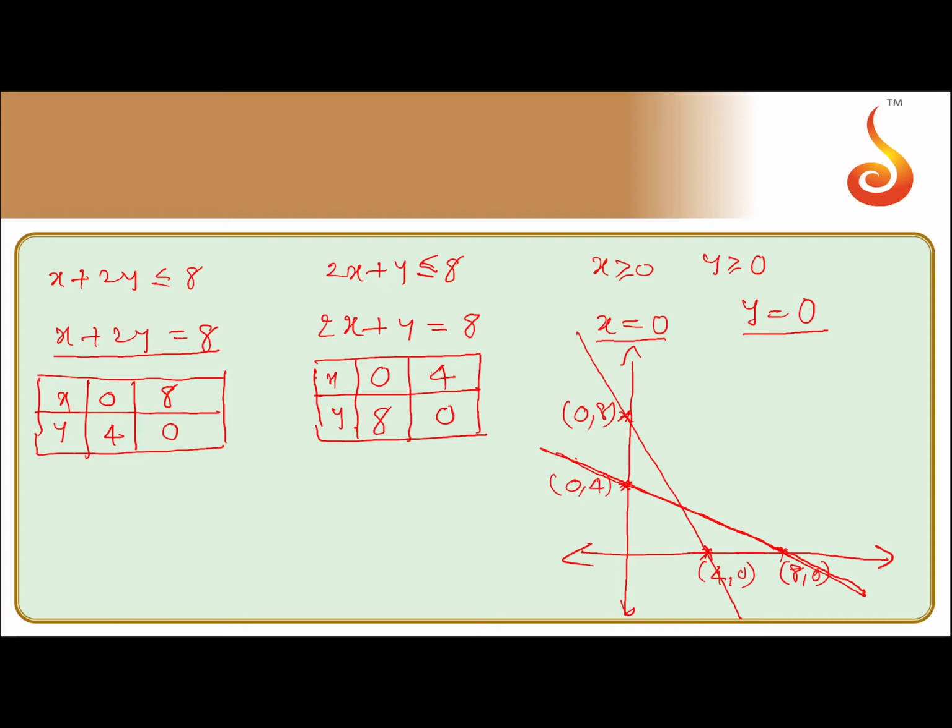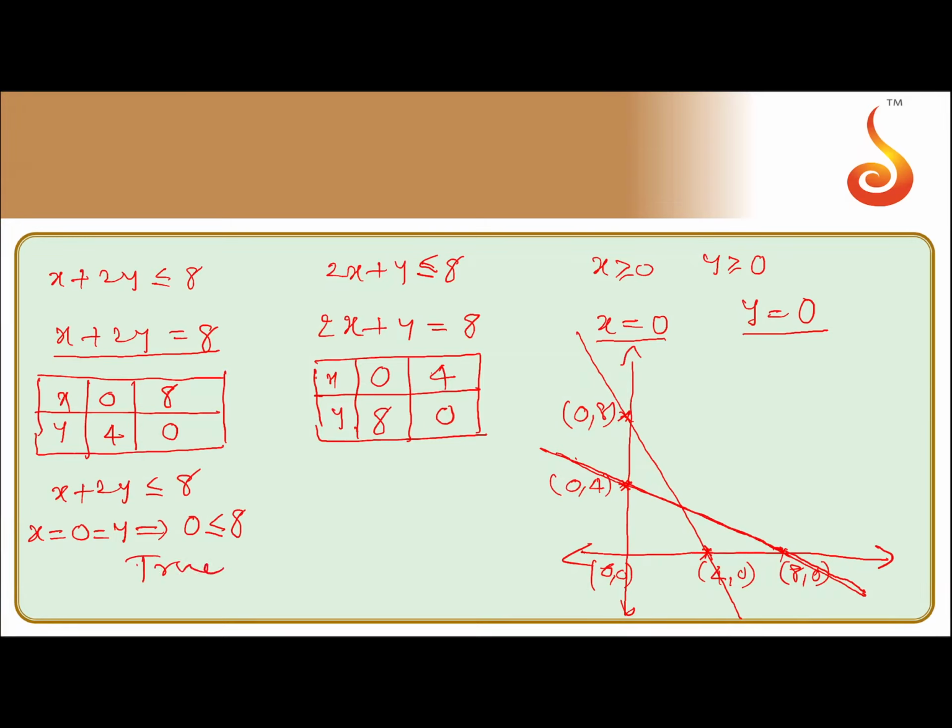Now, let us consider the shaded portion for the solution. x plus 2y less than or equal to 8. When you substitute x equals 0, y equals 0, you get 0 less than or equal to 8, which is true.